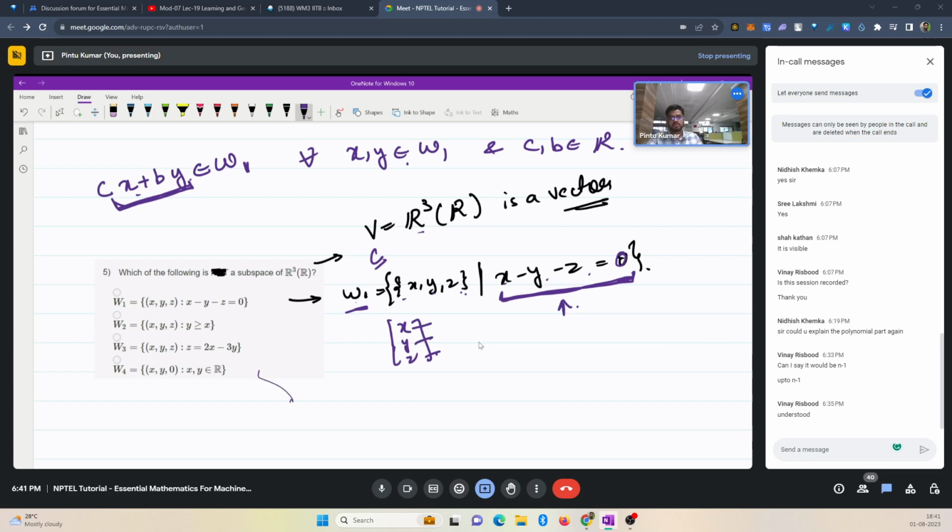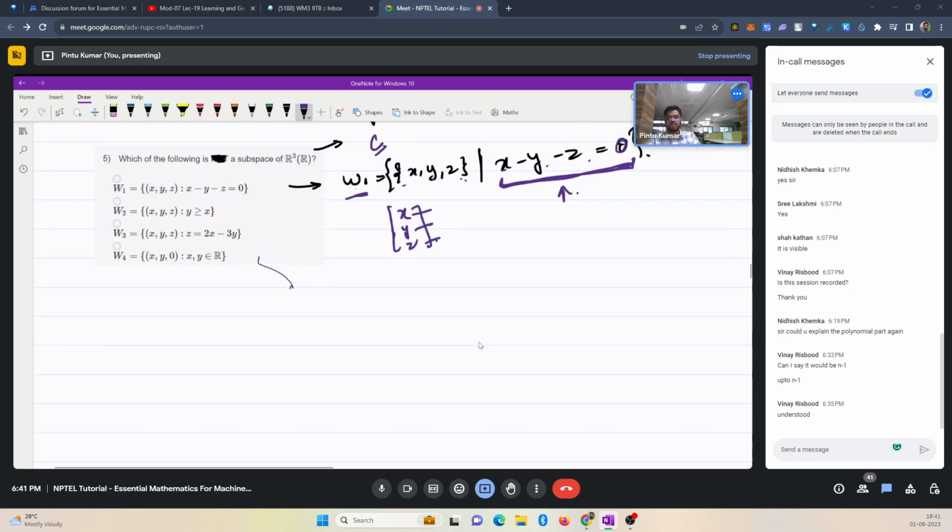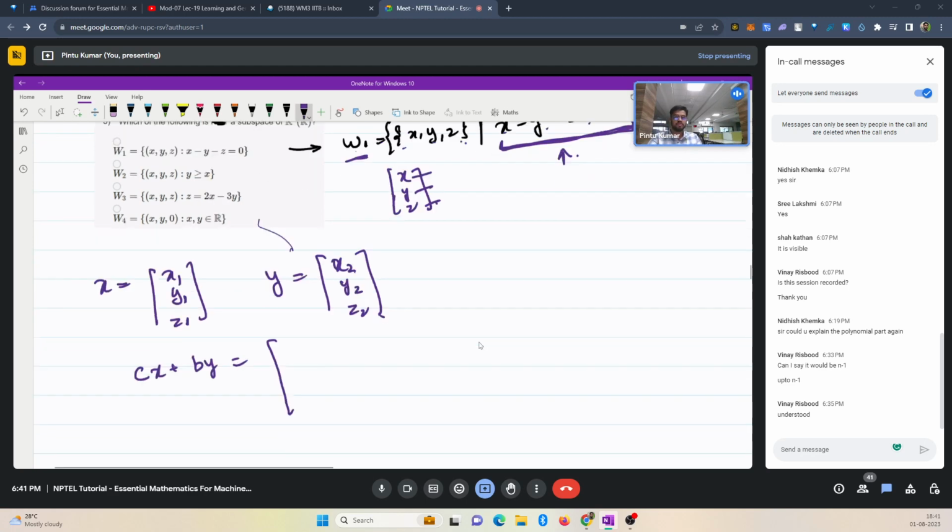First of all let's take x is equal to (x1, y1, z1), and take y is equal to (x2, y2, z2). Now we want to write Cx plus By. How would this Cx plus By look?